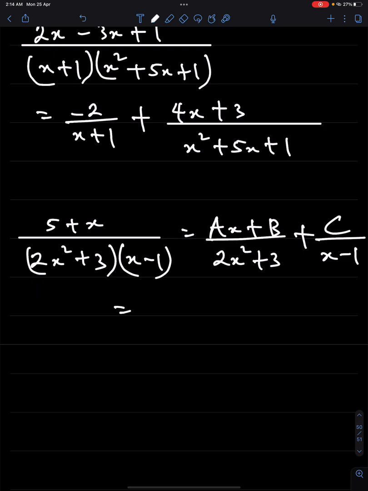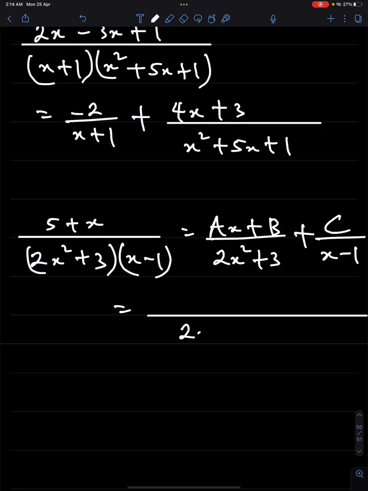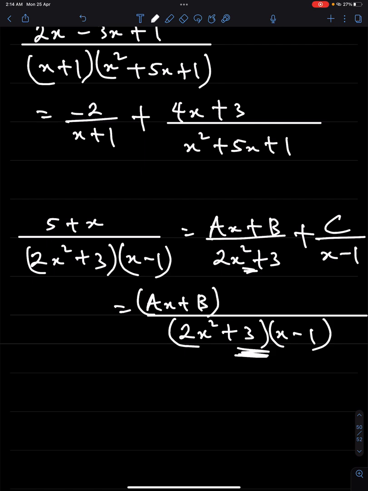Now we can continue. The LCM of the denominators is 2x squared plus 3 times x minus 1. Now when you divide that LCM by 2x squared plus 3, you're going to get x minus 1, and you multiply that by the numerator ax plus b, which means ax plus b times x minus 1.